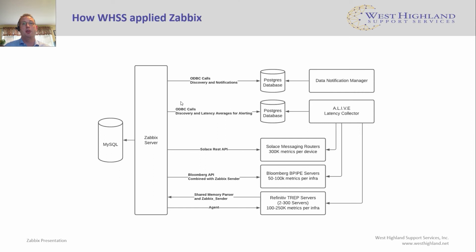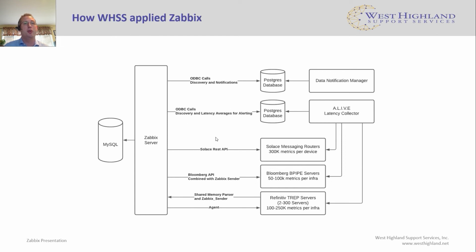We have another tool called Alive, which is collecting the latency that we were talking about earlier from all of these different systems like Solace, Bloomberg, and TREP. We're now able to pull it using ODBC to get some of the sampling and then do the alerting, because Alive uses Grafana, and the alerting in Grafana is just not the best yet.